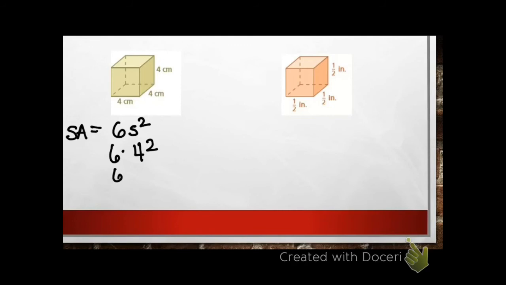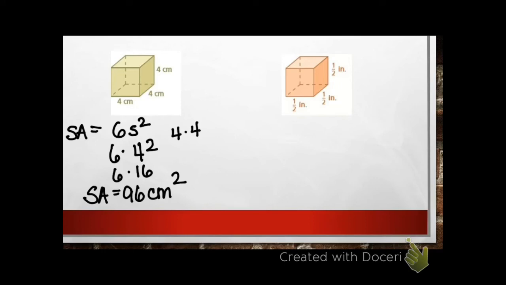So 6 times 4 squared is the same as 6 times 16. Remember, that means it's 4 times 4, not 4 times 2. And what is 6 times 16? Good. It's 96 centimeters squared. So our surface area is equal to 96 centimeters squared.